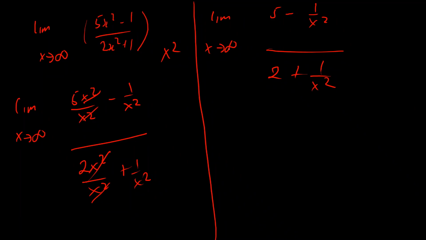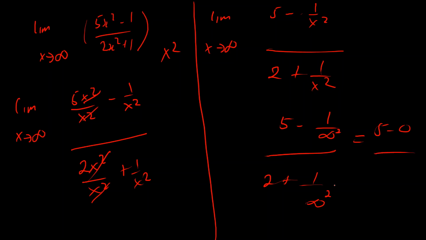Now if you want to plug in infinity, then we are going to have 5 minus 1 over infinity squared all over 2 plus 1 over infinity squared. Now we know 1 over infinity squared is 0. So we are going to have 5 minus 0 over 2 plus 0. And that is going to give us 5 on 2, which equals 2.5.